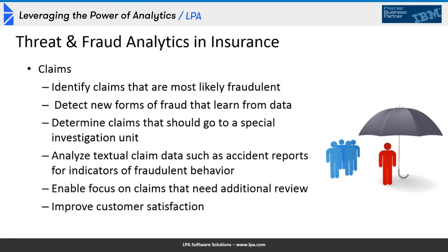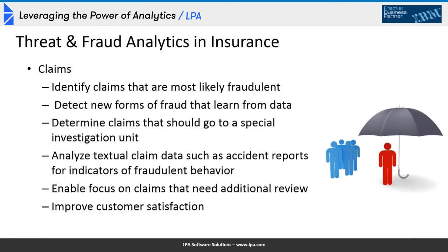Knowing which claims should go to a special investigation unit. Those folks don't have enough time to investigate all claims. Being able to pick out the ones that they should focus on is a considerable value add. Adding textual analytics to analyze accident reports, for example, might highlight some indicators of fraudulent behavior, enabling focus on claims that need additional review.